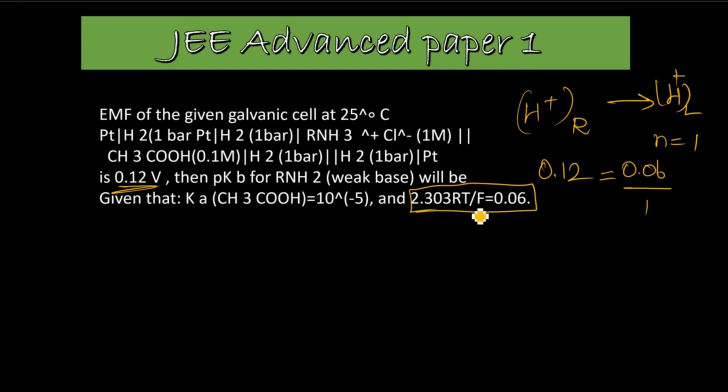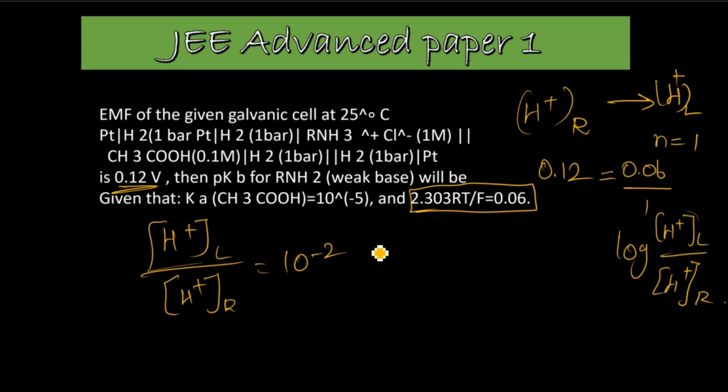This value is given as 2.303, RT by F value is given as 0.06, and n is equal to 1. I just substituted it. And the log value, log of H plus left hand side by H plus right hand side, I have to take. By comparing the concentration, this whole value becomes 10 to the power minus 2.